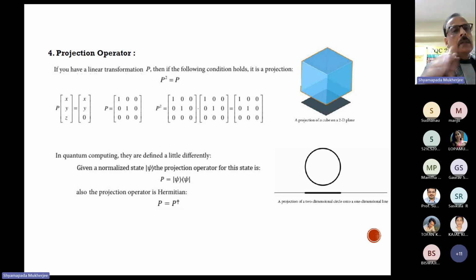This type of projector is called a projection operator. And I know that an operator can be represented by a matrix. So I have a projection matrix or projection operator which can be represented by a matrix. And for a qubit state, the projection operator is given by this: P is equal to ket psi into bra psi. A projection operator is also Hermitian.